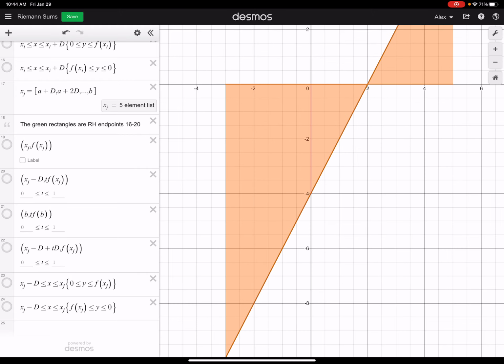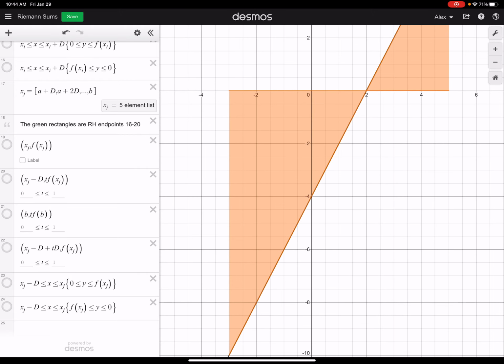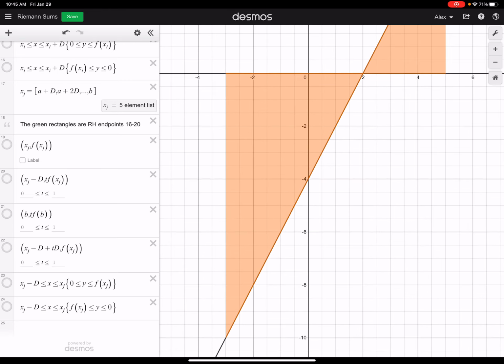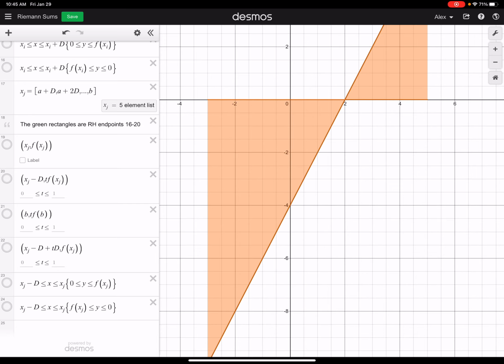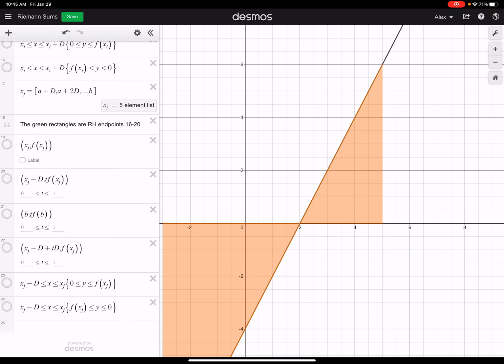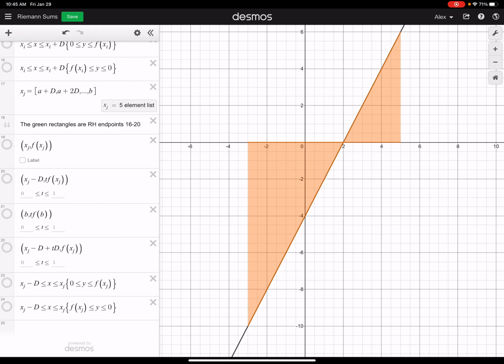And then this triangle appears to have a base of 5, since 2 minus negative 3 is 5, and a height of 10. So that's negative 25. Negative 25 plus 9 gives us negative 16, which was our answer.